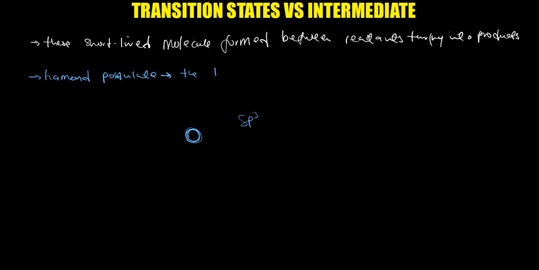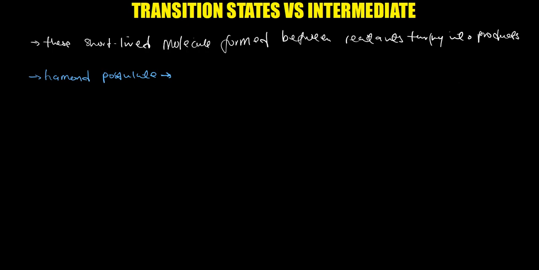The transition state will be inferred using the product or reactant that is close in energy. If we are able to tell the energy of this transition state, we can refer it to the product or reactant to which it is similar in energy. Then we'll be able to give the shape and the geometry. It's more like a reference.